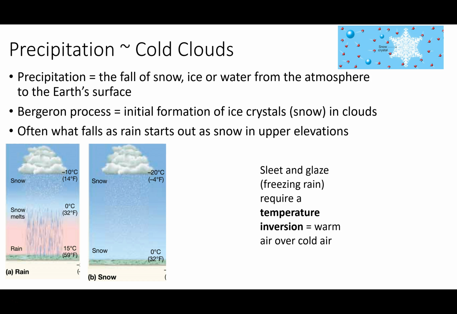If I had a little chart here of temperature versus elevation, where this is cold temperature and this is warm temperature, I would start down here and get colder, colder, colder as I go up. So that's normal.